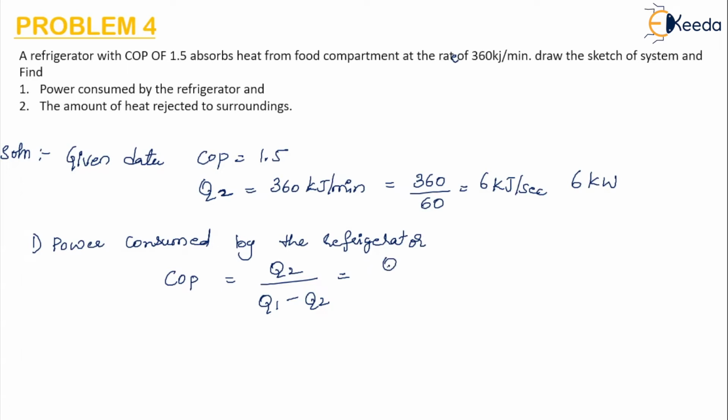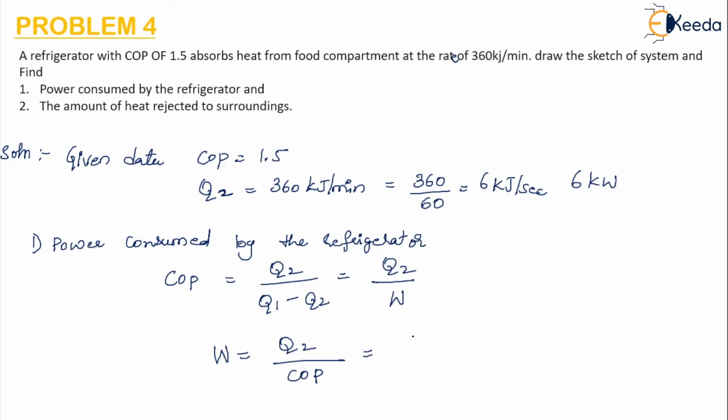That is Q2 divided by W, because Q1 minus Q2 will give us the power. Now we know the COP, so if you want to find the power consumed by the refrigerator W, then you have to divide this Q2 by COP.